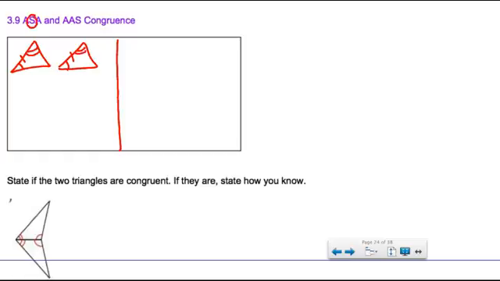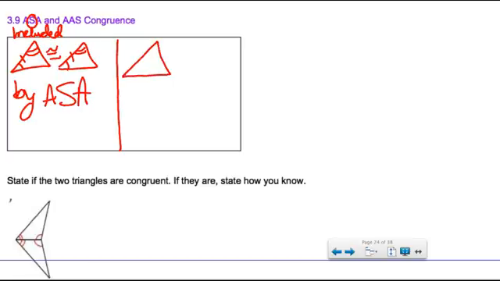Just make sure, go ahead and circle this, that this is the one smashed between the two angles under question. So I'd say these two are congruent by angle, included side, angle.